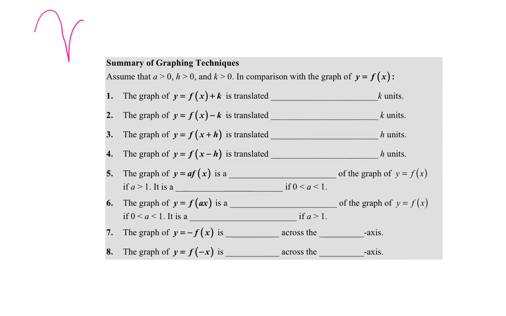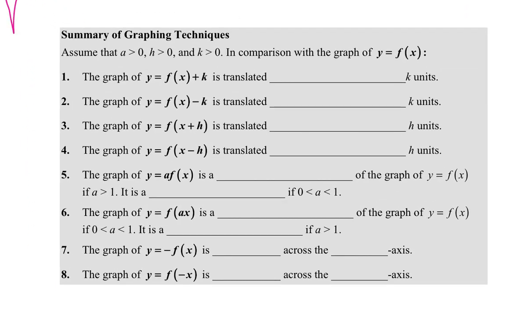So here is our summary. So assume that a is greater than 0, h is greater than 0, k is greater than 0, and in comparison with just your graph or any function f of x, if f of x plus k, you translate up k units. If it's minus k, you translate down k units. If it's x plus h, you translate left h units.